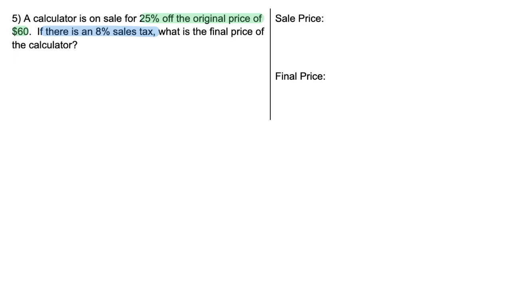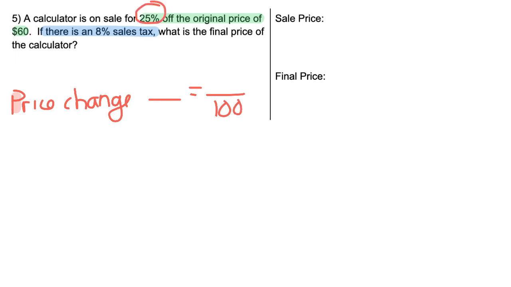Let's do this. We want a price change for the discount. So when I do this, I look for the discount percent. It lives above the 100. The original price goes here.